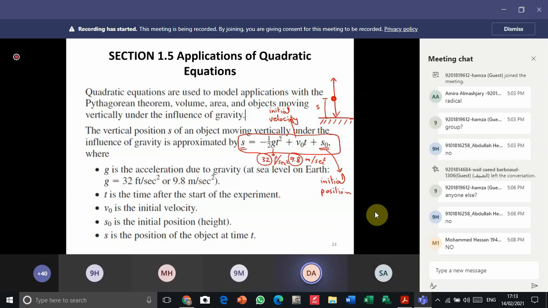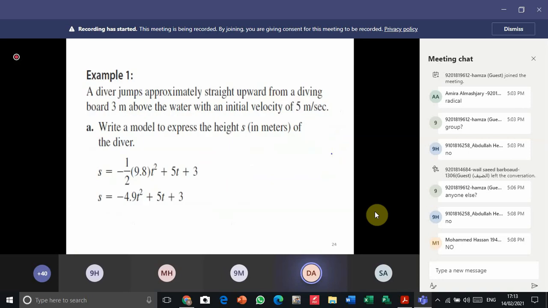Okay, so g equals what? 32 or 9.8. Now, look at this example. A diver jumping approximately straight upward from the diving board. We have a diving board, and we have someone diving down vertically, and here we have the water.